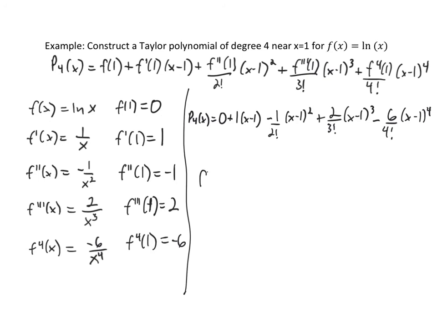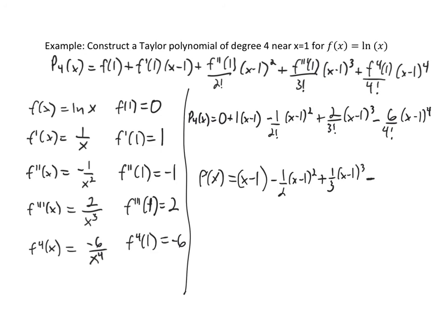And so if we simplify each one of those terms, 0, we don't need that. 1 times x minus 1, so we get x minus 1 minus 1/2 x minus 1 squared plus 2 over 3 factorial. 3 factorial is 6, so really that's just 1/3 x minus 1 cubed.